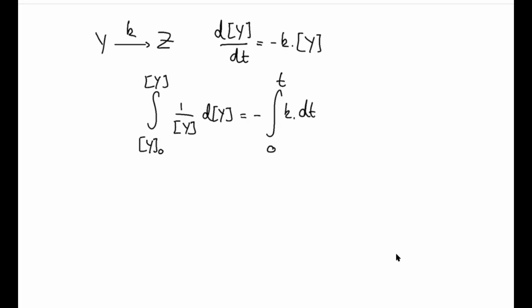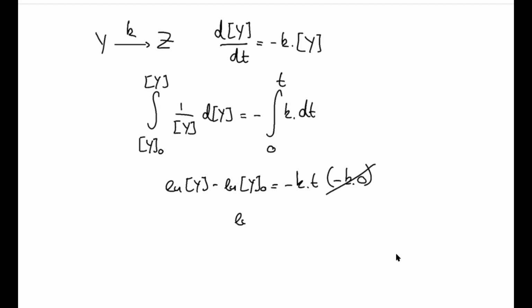Okay, so ln y minus ln y0 is minus k times t, of course, minus k times 0, but this one falls off, right?